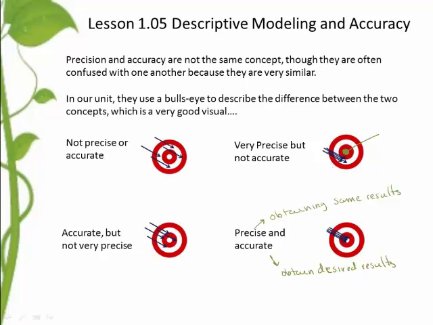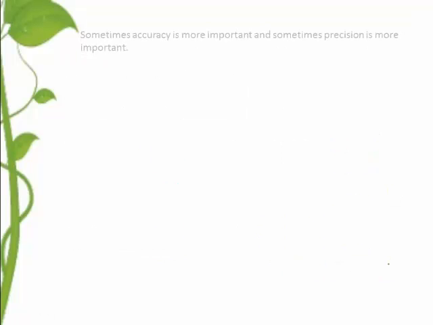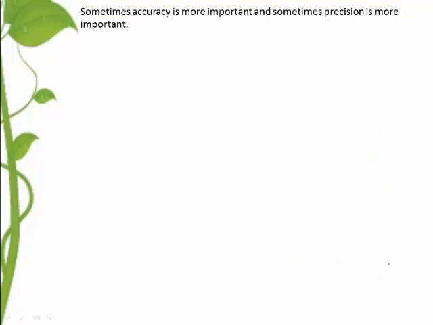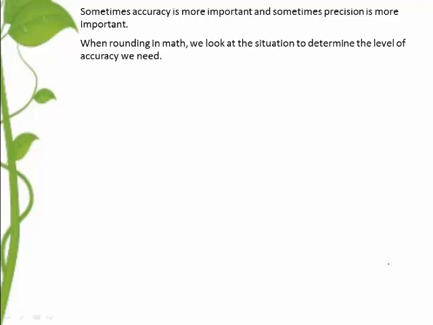And in math, we generally want to be both precise and accurate, although sometimes accuracy is more important and sometimes precision is more important. When we're rounding, we want to determine the level of accuracy we need in order to see if we're achieving our goals.